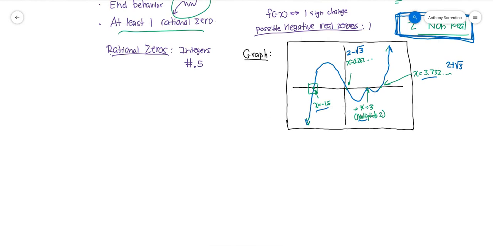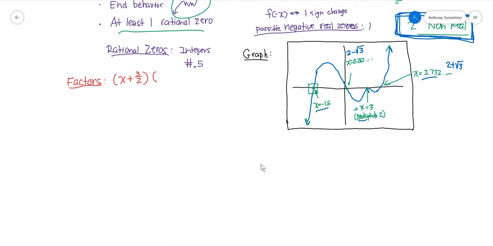Well, now having the zeros, I've got to figure out what my factors are. So my factors of f of x, I'm going to have x minus a negative 3 halves, which is x plus 3 halves. That gives me x equals negative 1.5 as my 0.